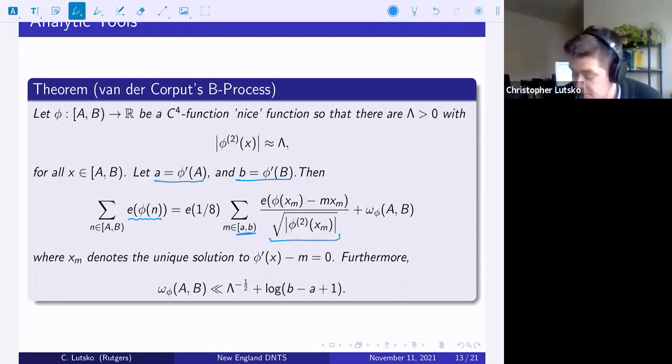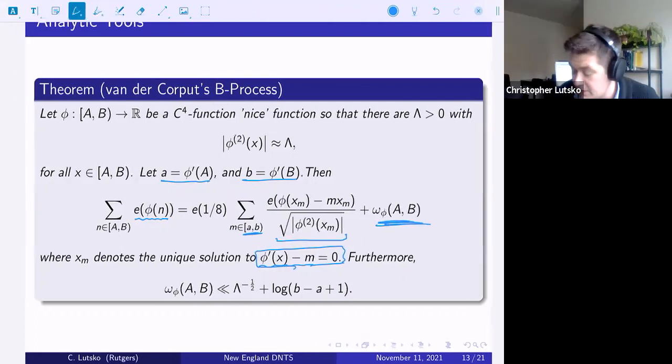The phase here now depends on the unique solution to this equation. But the important thing is you transform the phase, and in the denominator, you pick up a square root of the second derivative. And then you get an error term.